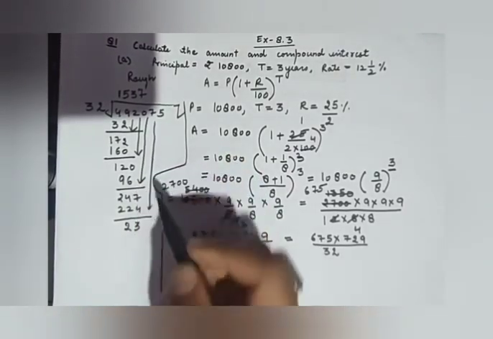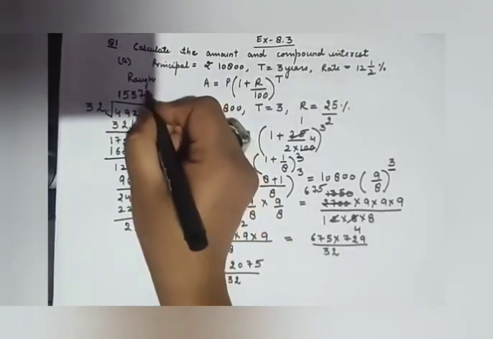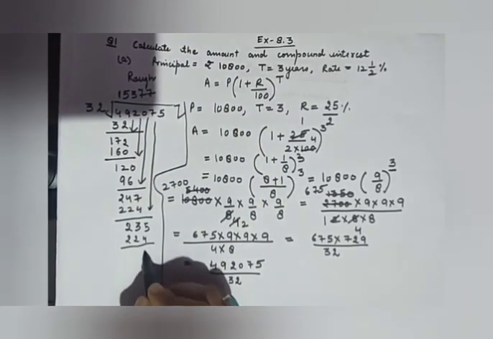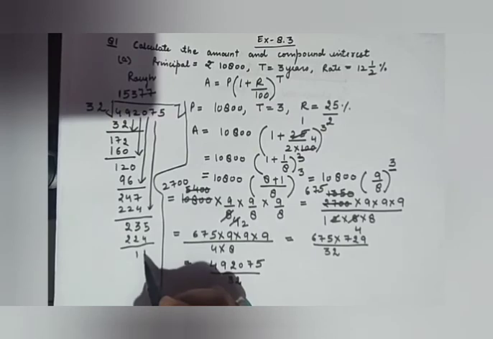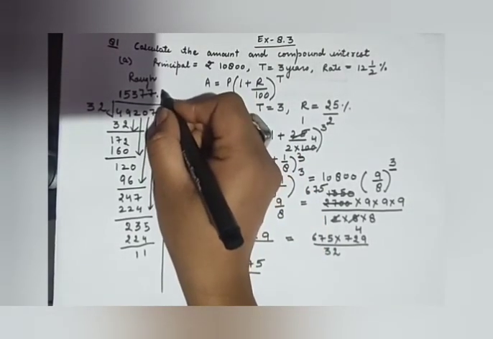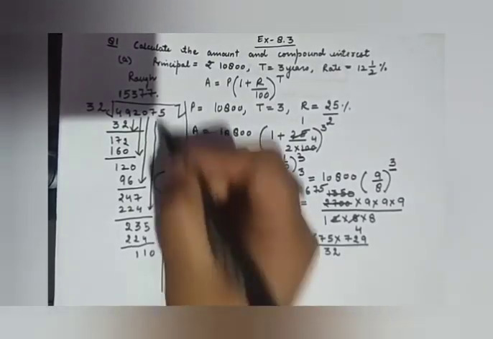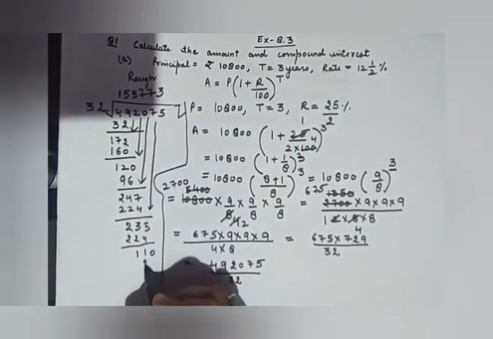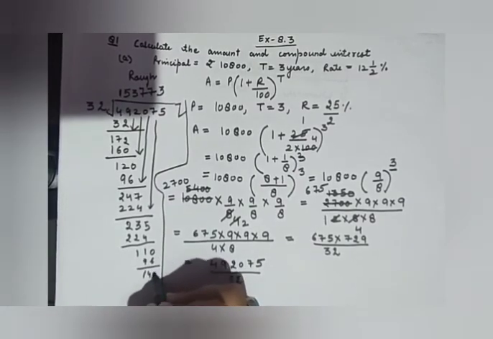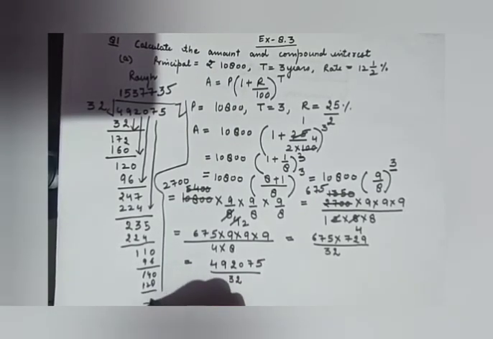I will be taking 5 here, again 7, that is 224, and my remainder that is coming is 11 here. I can also put a decimal point here and put 0 here, so it is 3, that is 96, and it is again 40.